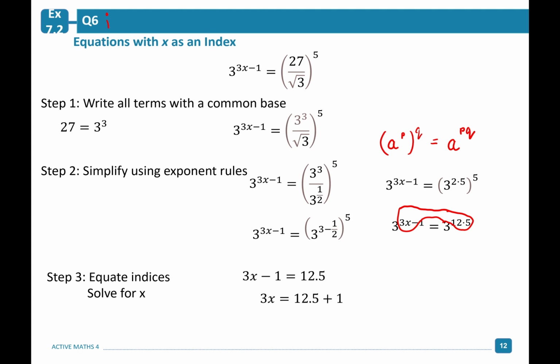This gives me 3x equals 12.5 plus 1. 3x equals 13.5. I then want my x on its own, so I divide both sides by 3. I'm left with x is equal to 13.5 over 3. X is equal to 4.5. Please pause and take down this example.